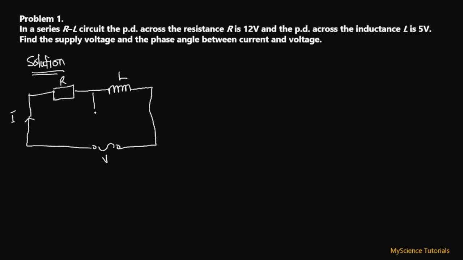And then we are saying that the voltage across the resistor is 12 volts. So over here VR is equal to 12 volts. And then the voltage across the inductor, which is VL, is equal to 5 volts.